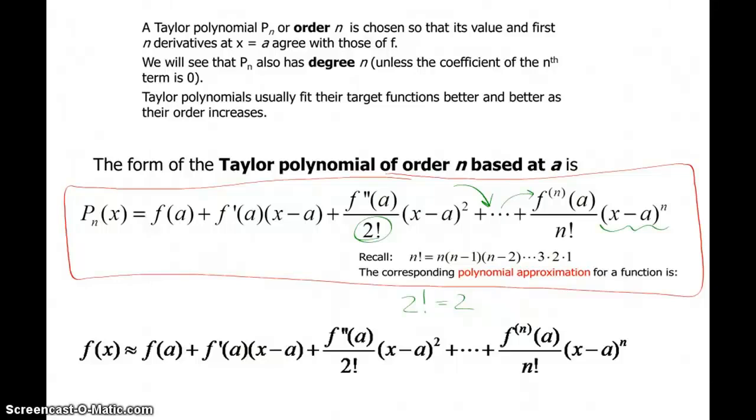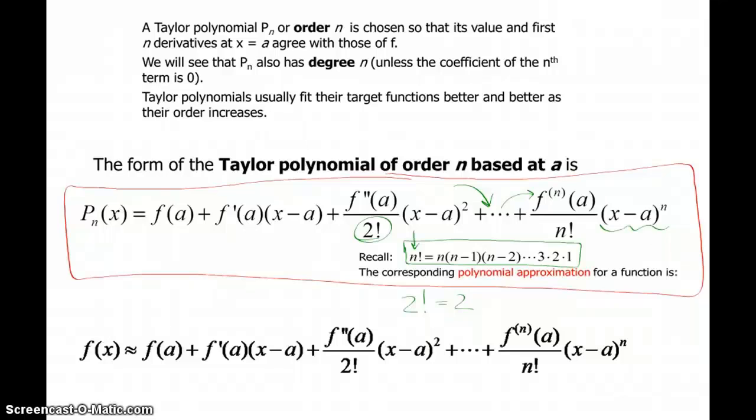Now, they'll either tell us the degree of the polynomial they want us to build, or they'll tell us the acceptable amount of error, to within how many ever decimal place accuracy, or they may even give us a fraction, to within 1/10,000th. Recall, hopefully from Algebra 2, if not from pre-calculus, that n factorial just means starting at the value of n, you have the product of integers starting at n and multiplying by n minus 1 all the way down the line.